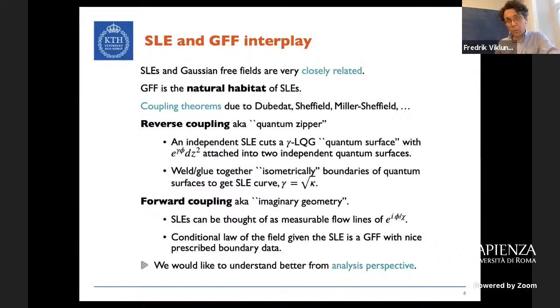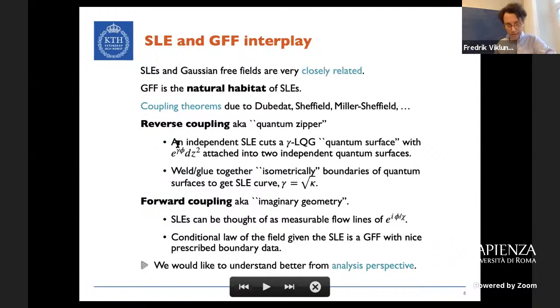So what Sheffield proved was that, very roughly speaking, if you take such a quantum surface, you can draw on it an independent SLE curve, and then this SLE curve in some precise way will cut this quantum surface into two independent quantum surfaces, with parameters that can be computed.